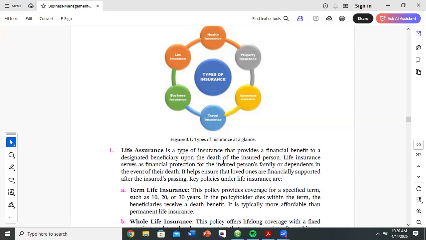Life assurance means that, for example, if I'm going for this type of insurance, what it means is that I'll enter into an agreement with the company that if I die, and I know I'm not dying now, I'll die eventually. In fact, I'll reach an age where I'll beg God to kill me because I'll be tired of this.